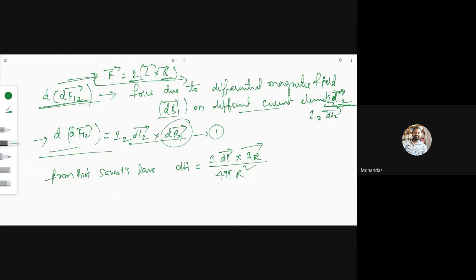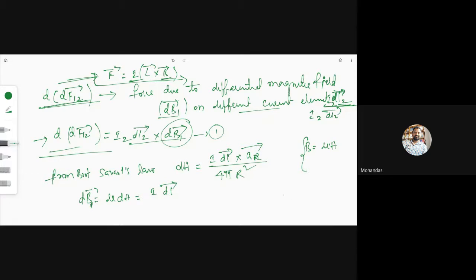If I want to get dB, what is the relation between B and H? B equal to mu into H. So dB equal to mu into dH, which is equal to I into dl. Now dB1 I am calculating.